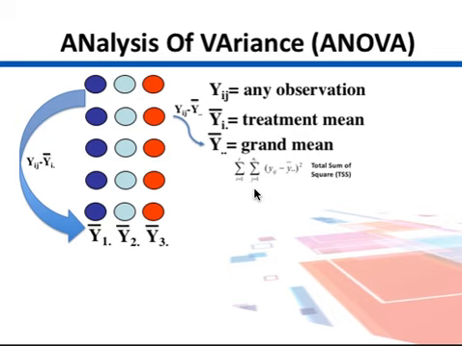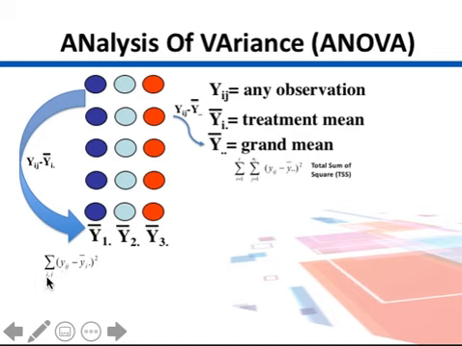Each observation varies from its treatment mean as well, Yij minus Y bar i dot. We do that for all these replicates, calculating one deviation for each experimental unit. So we will calculate those 15 deviations for these 15 observations, each individual compared with its own mean, and then we sum them up.